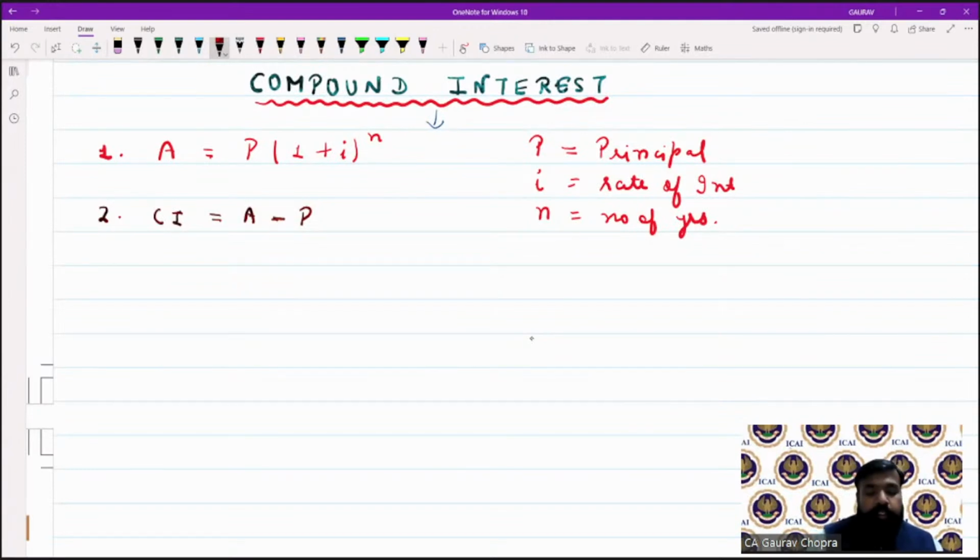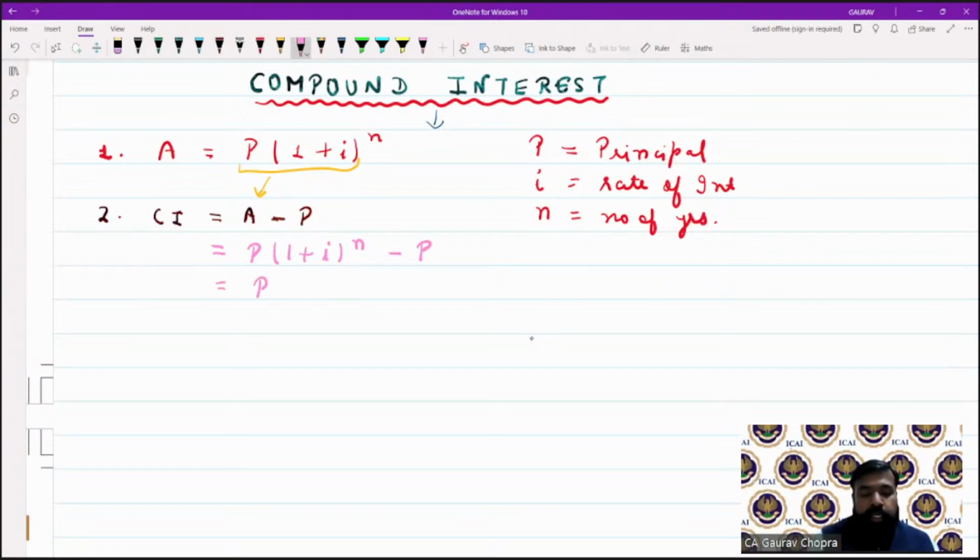One more thing can be done if we substitute the formula in place of amount. Then see what we get: principal multiplied by 1 plus I to the power of n, minus principal.